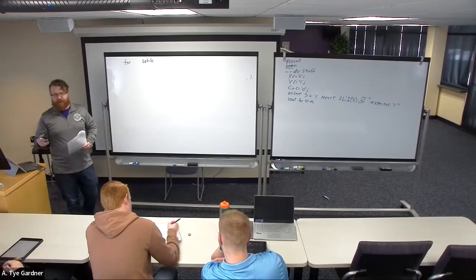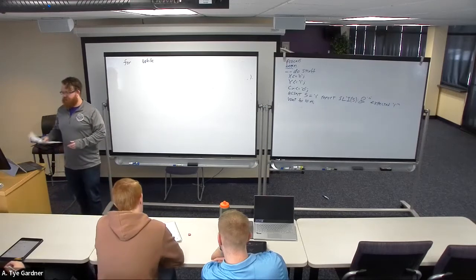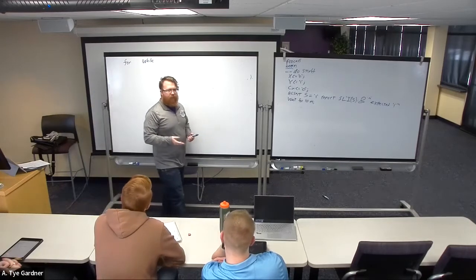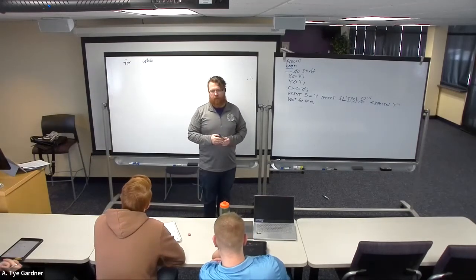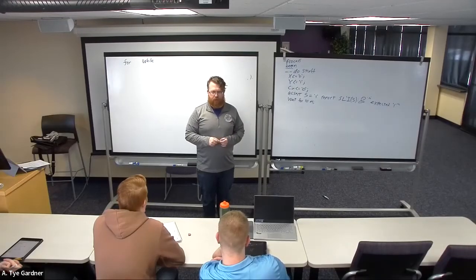I'm going to talk about it specifically for how do we do loops in VHDL? Well, the first thing that I need to say about it is they're really only useful for test benches. We don't use loops in our code. When we're writing a source, a design source, we don't use for loops.